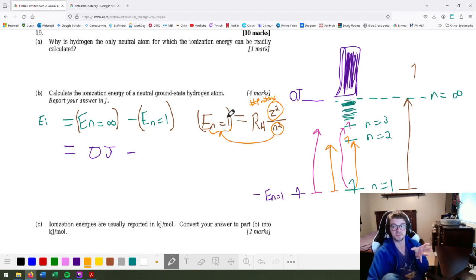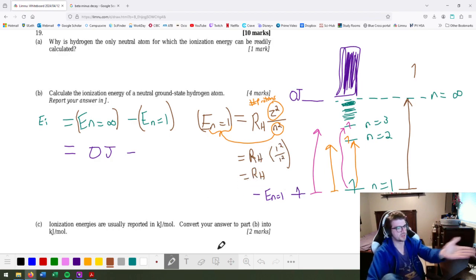So when we're looking at the ground state, we're looking at energy level number one, the first one, and so it is that one that gets substituted in here. So this equals the Rydberg constant times 1 squared over 1 squared, which is, both of these terms are just 1, so it's Rydberg's constant times 1 over 1, Rydberg's constant times 1.